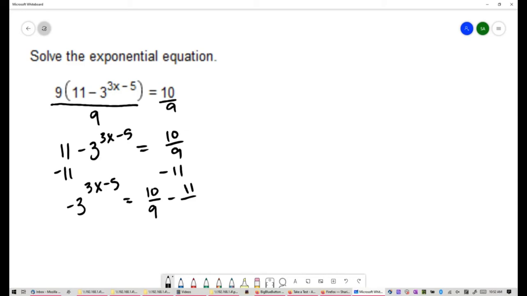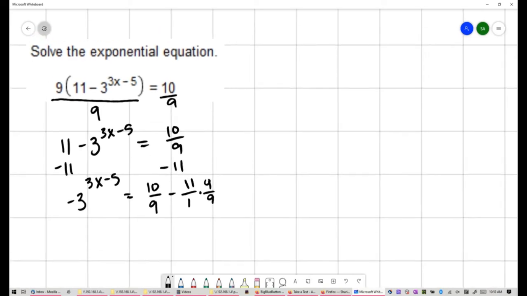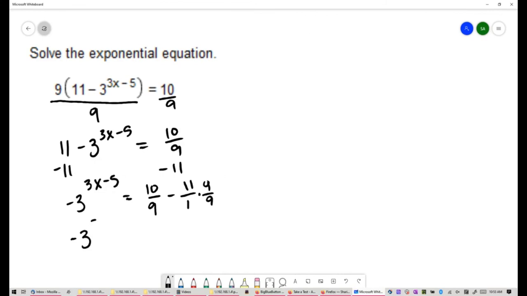I want to combine these together and get a common denominator. So I've got 11 over 1, and I'll multiply by 9 over 9. So that will give negative 3 to the 3x minus 5 equals 10 over 9 minus 99 over 9.